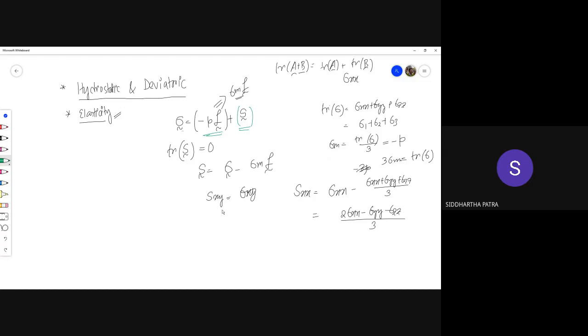Let's say I take a metallic rod and elongate it. The axial strain that it has is much more compared to the volumetric strain that the material develops. So that's where the deviatoric stress has a role to play.